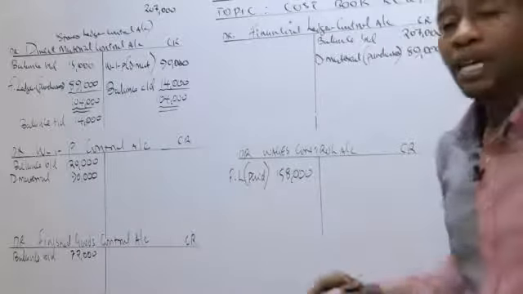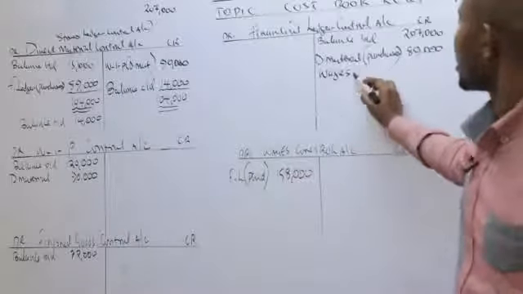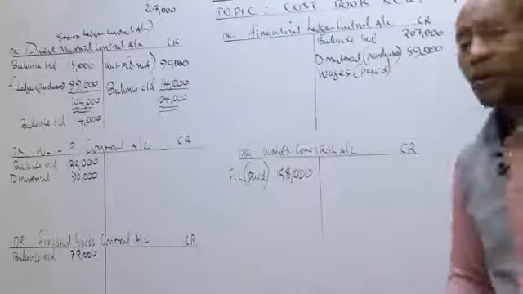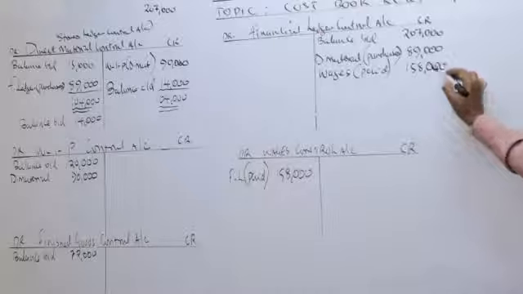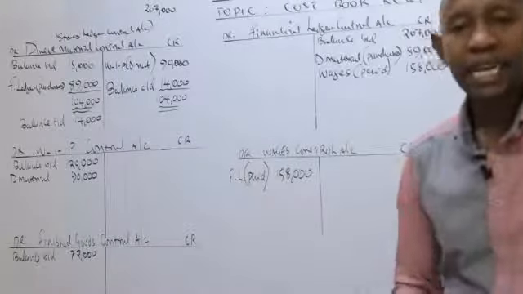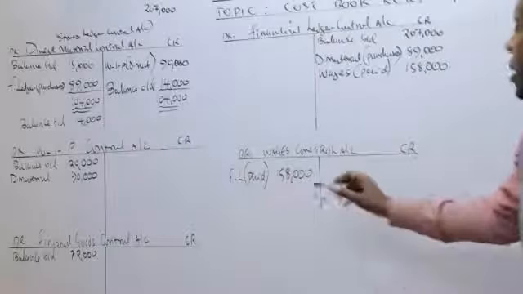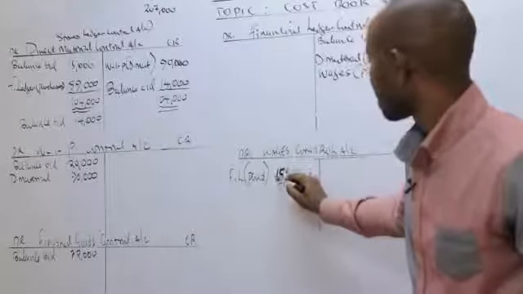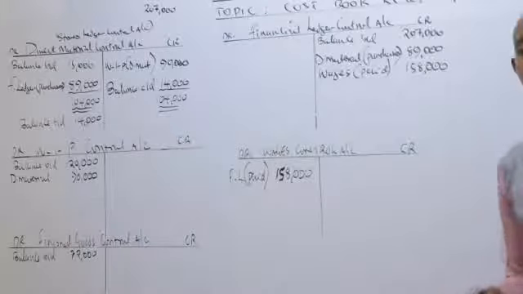Don't forget to pass the double entry. You come and say wages paid is 158,000. I hope that transaction is clear.